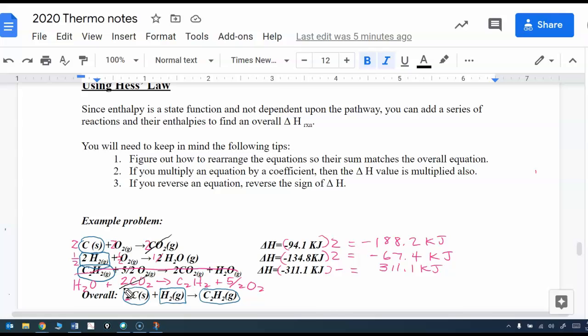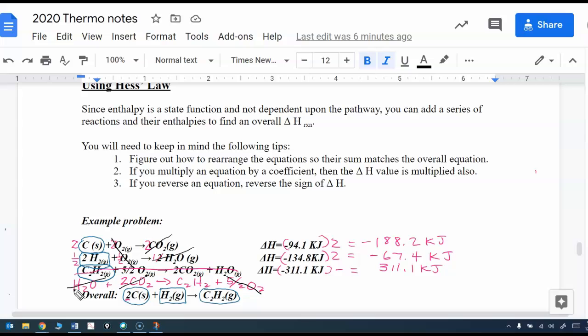I do also have some oxygen that cancels out because I have 2.5 oxygens, which is 5/2 oxygen, so I am crossing out my 2.5 oxygens with the 5/2 oxygens. And then I have my water, which has to be canceled out. And it does turn out that I have 1 water and 1 water that can be canceled out.